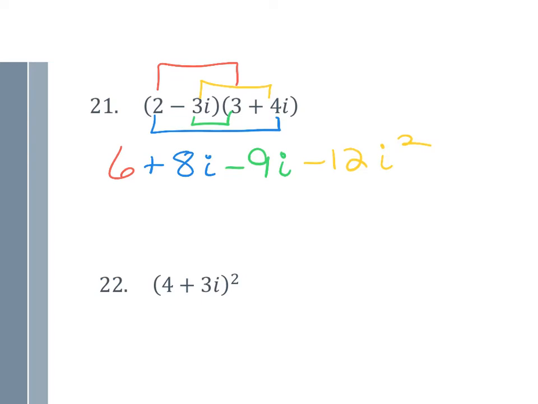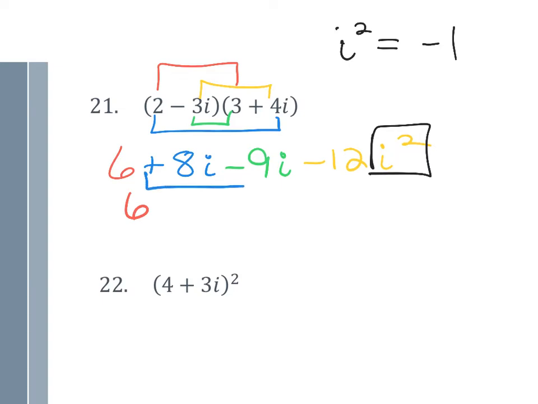Now, at the beginning, I told you that i squared equals negative 1. So anytime you get an i squared in your problem, we're going to change this to negative 1. So when I go to do my problem, I'm going to drop the 6. I'm going to add these two guys in the middle. So 8 minus 9 is just going to be negative i.